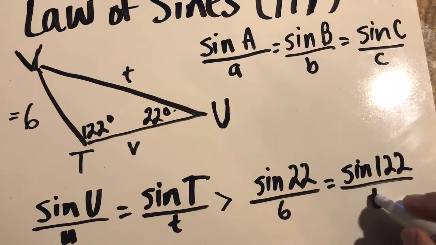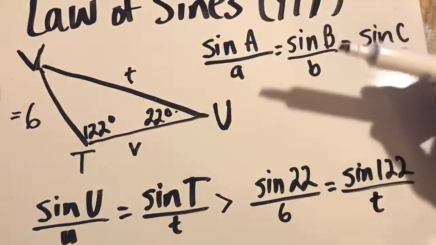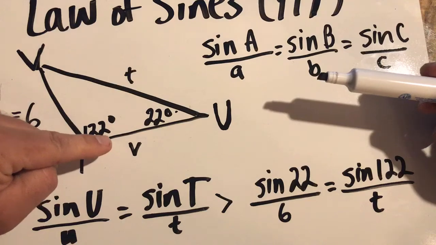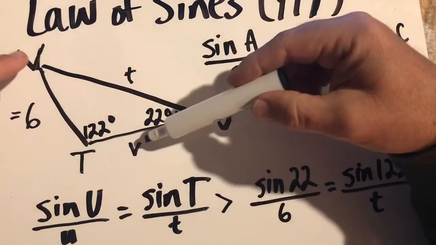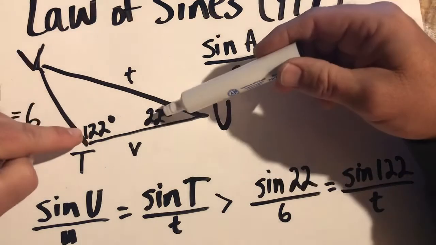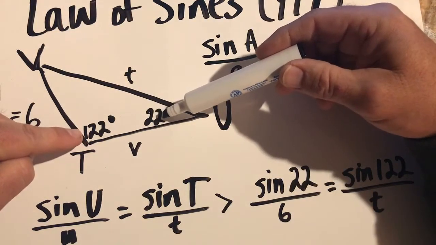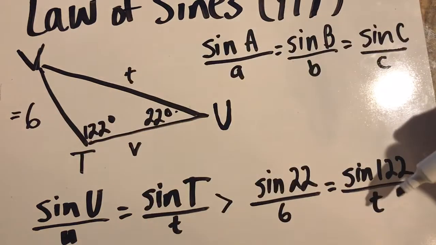And the little t is what we're going to solve for. Notice we did not use the big V or the little v because no numbers were given for them. Although we could figure out angle V by adding up these two angles and subtracting from 180. But we're just going to stick with t right now.